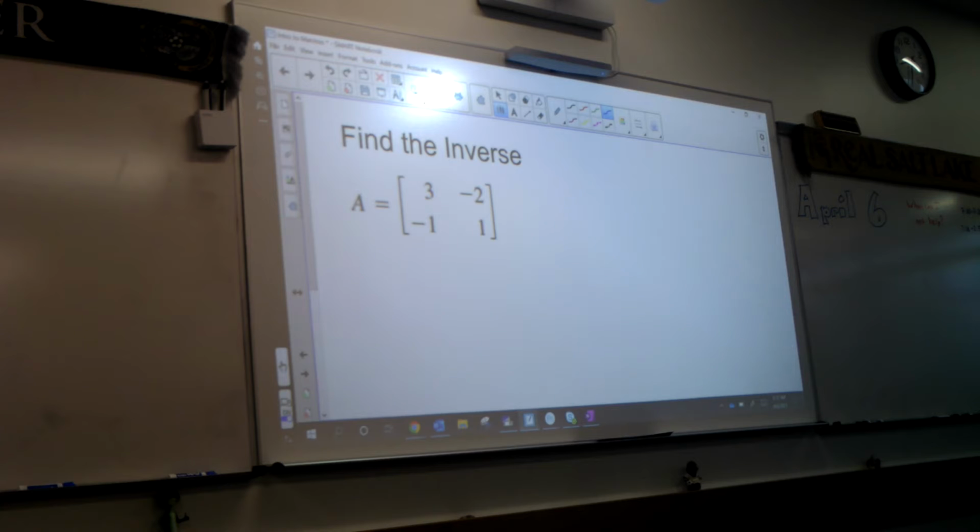So Spencer, can you walk us through the process here? How would I find the determinant of this matrix? So I'm going to do 3 minus positive 2, is what you said. So that gives us a determinant of 1.